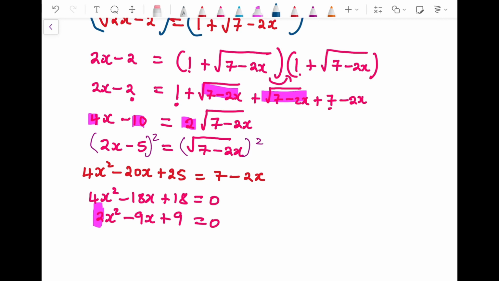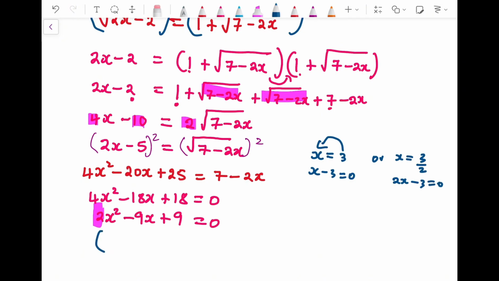If I use the quadratic formula here, I will get x is equal to 3, or x is equal to 3 over 2. And then you can transpose this 3. You will have x minus 3 is equal to 0 here. We multiply by 2 first. It will be 2x, transpose 3, minus 3 is equal to 0.